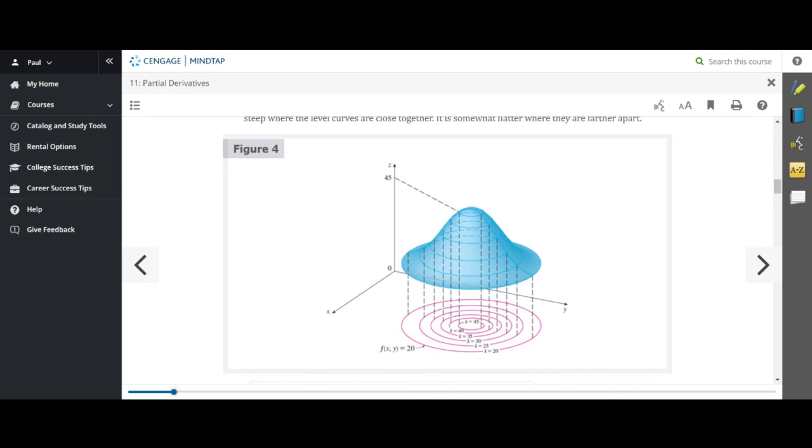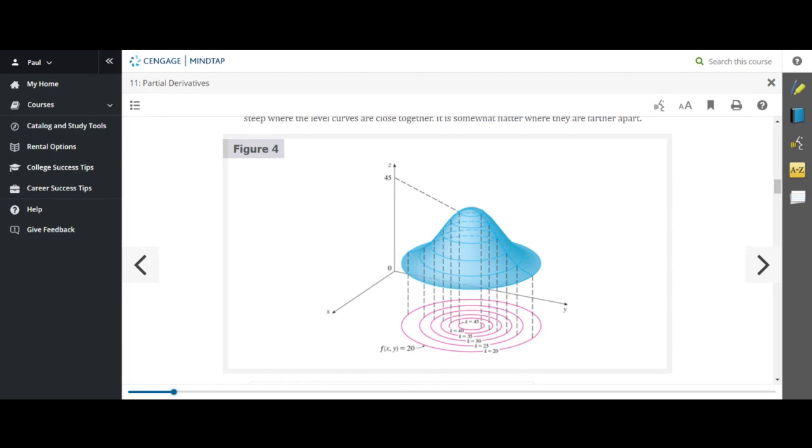Do they get closer together or farther apart? Yeah, the level curves get closer together. That's right. And so it's nice to be able to look at a two-dimensional graph of these level curves in figure 4 and get an idea of what the surface looks like.